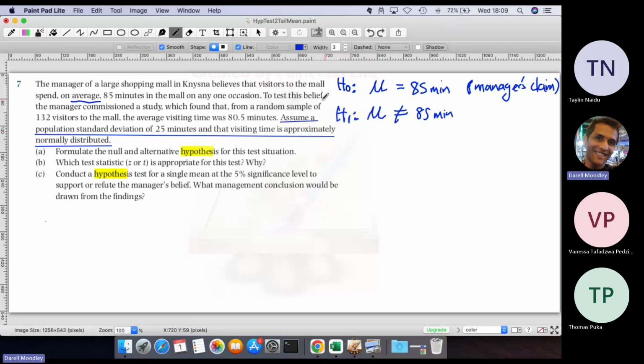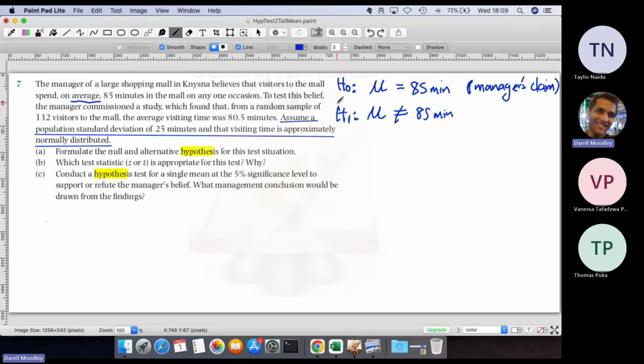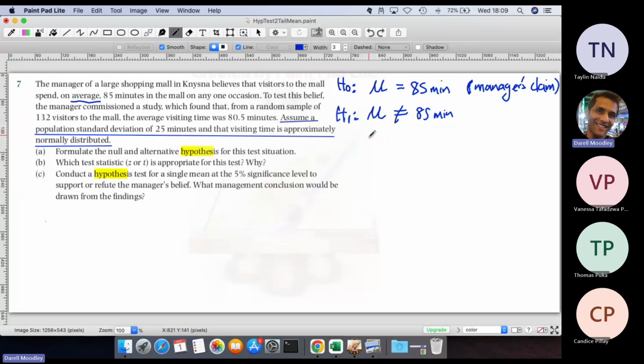What we've done here is the first step out of 5 steps for hypothesis testing. What I've just written here in blue is step 1. There are 5 steps to hypothesis testing, and step 1 is what you see above. So the first question A, which says formulate the null and the alternative hypothesis, is what we've just done.